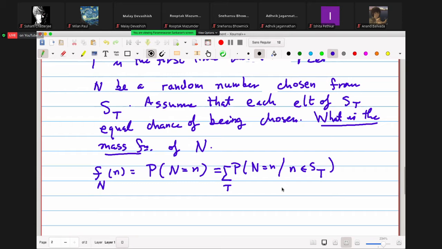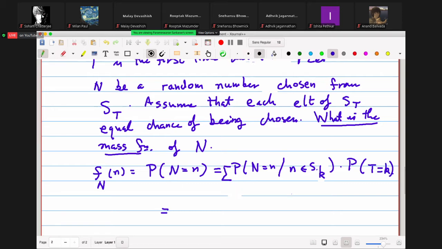Let me write that. I should write here the probability of N equals n given n in S_k, times the probability that T equals k, summed over all possible values of k, with k from 1 to infinity.